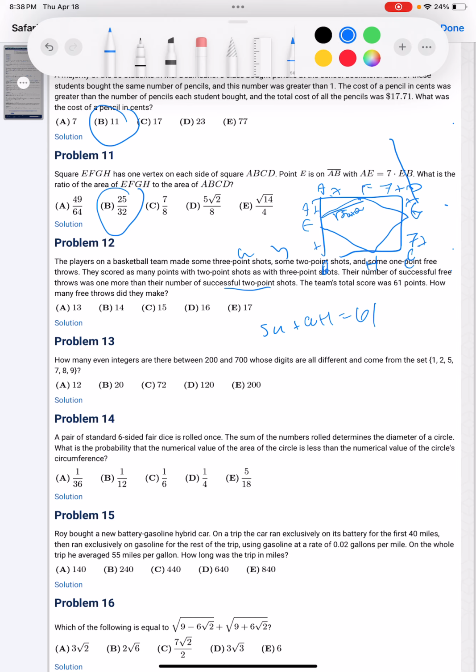How many free throws did he make? That's 30, that's 20. That doesn't sound right. I'm doing something wrong, clearly. Let's see.